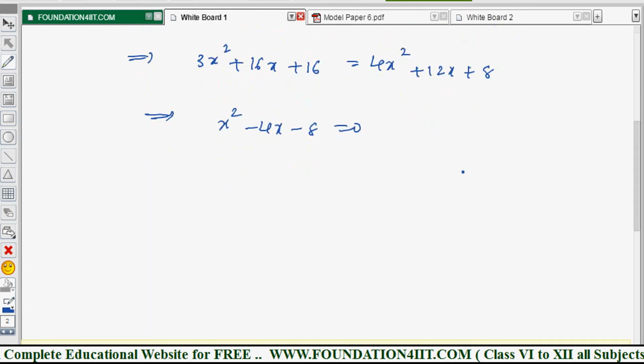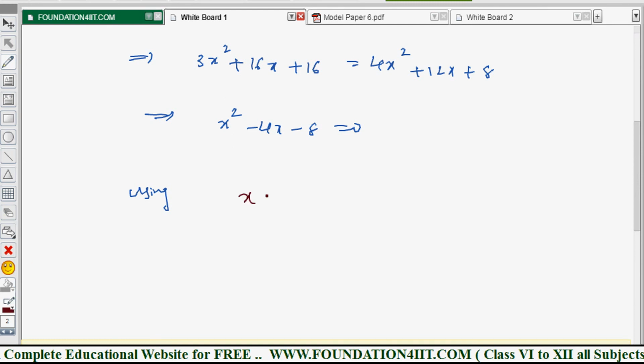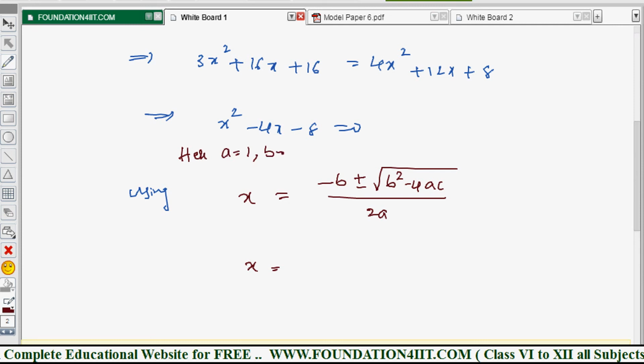Now using this quadratic equation you should use the formula: x equals minus b plus or minus square root of b square minus 4ac, divided by 2a. Here a is equal to 1, b is equal to minus 4, c is equal to minus 8.